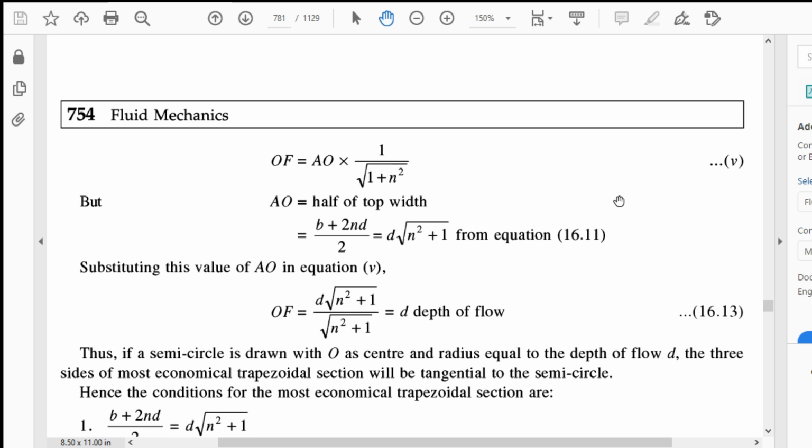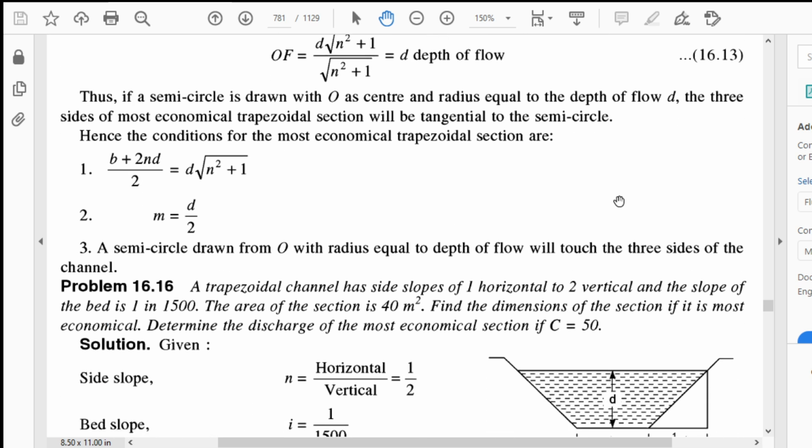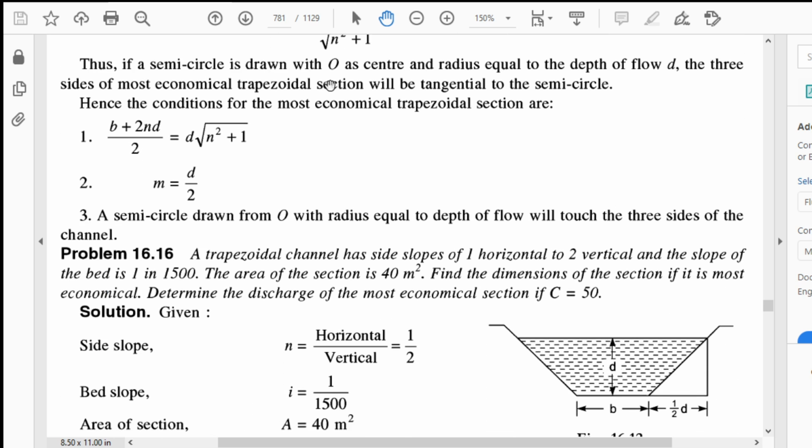So we can summarize these three conditions. For the most economical trapezoidal section, the conditions are: first, half of top width should be equal to one of the sloping sides. Second, this condition is the same as for the rectangular channel also: hydraulic mean depth equal to half of the depth of flow.